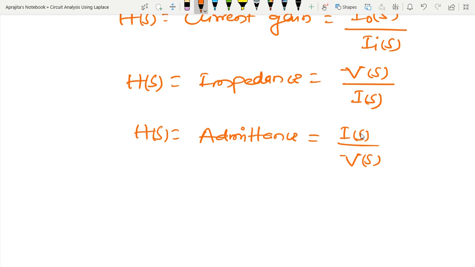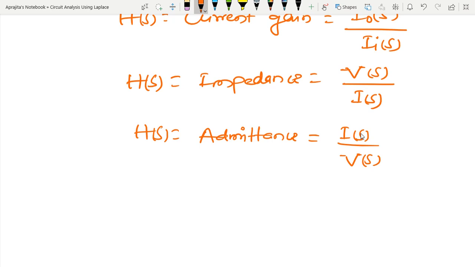After that, one more important quantity we have: we have already seen that whatever electrical circuit we are talking about, that circuit is linear. So if I see the response of the circuit for a unit impulse excitation, then I can extrapolate it using homogeneity.